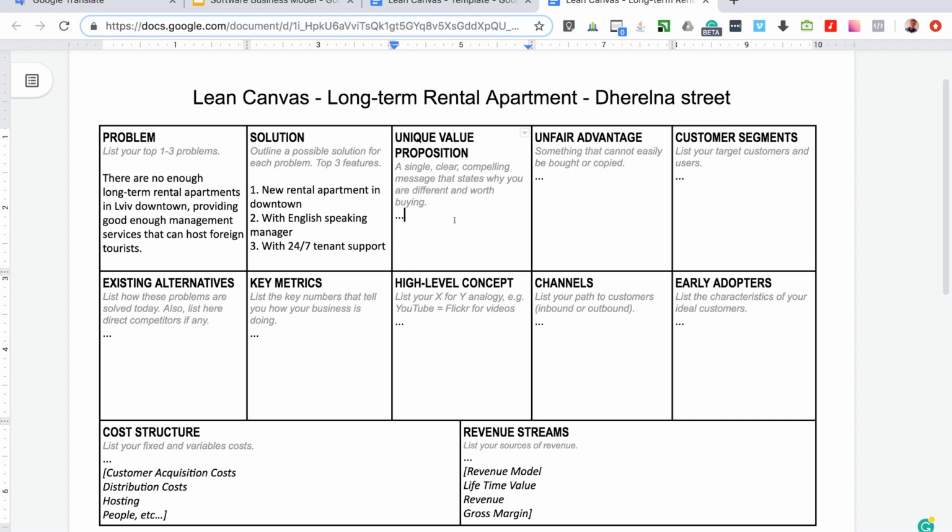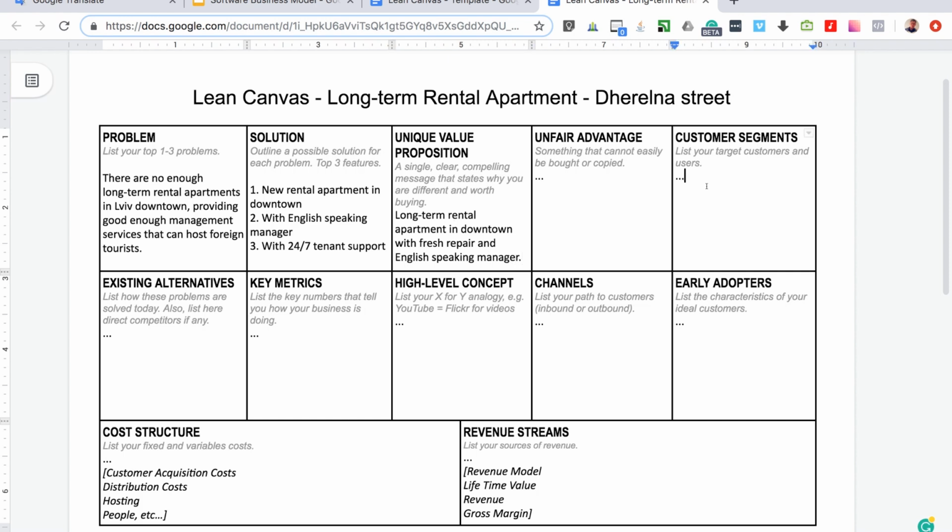Next. So my unique value proposition and something that could let me positively stand out from my competition can sound like this. What I propose to my tenants: long-term rental apartment in downtown with fresh repair, obviously, and an English-speaking manager.